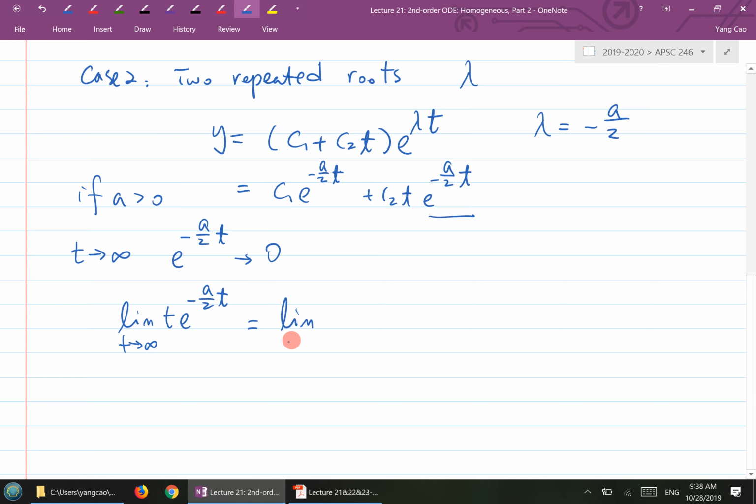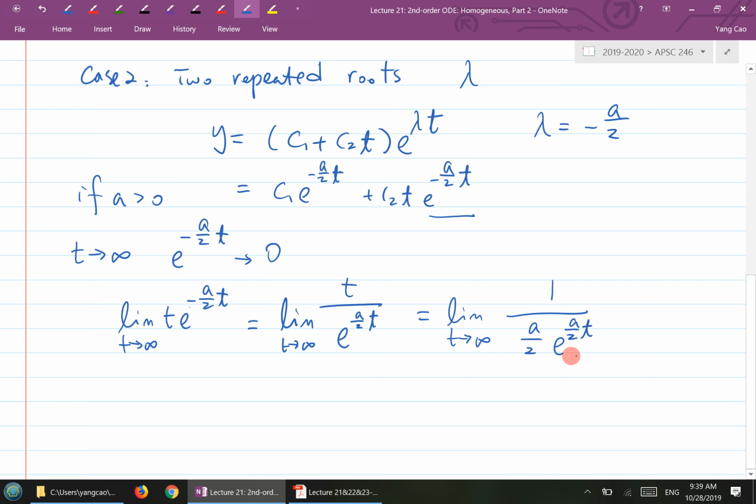Let's take a look at the limit of t times e to the power of lambda t. That is the same as t over e to the power of a over 2 t, since the exponent is negative here. L'Hopital's rule says the limit is equal to the limit when you take the derivative of both the numerator and the denominator. The numerator's derivative is 1, and the denominator's derivative is a over 2 times e to the power of a over 2 t.